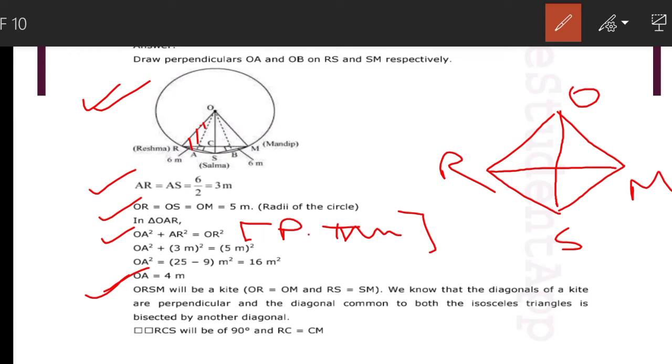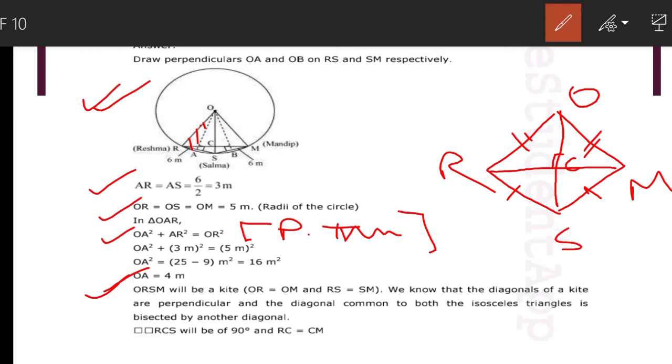In the kite, if we use the diagonal we get two isosceles triangles, since OR and OM are equal, RS and SM are equal, and OS is a common side. Each of the diagonals bisects the other at 90 degrees.